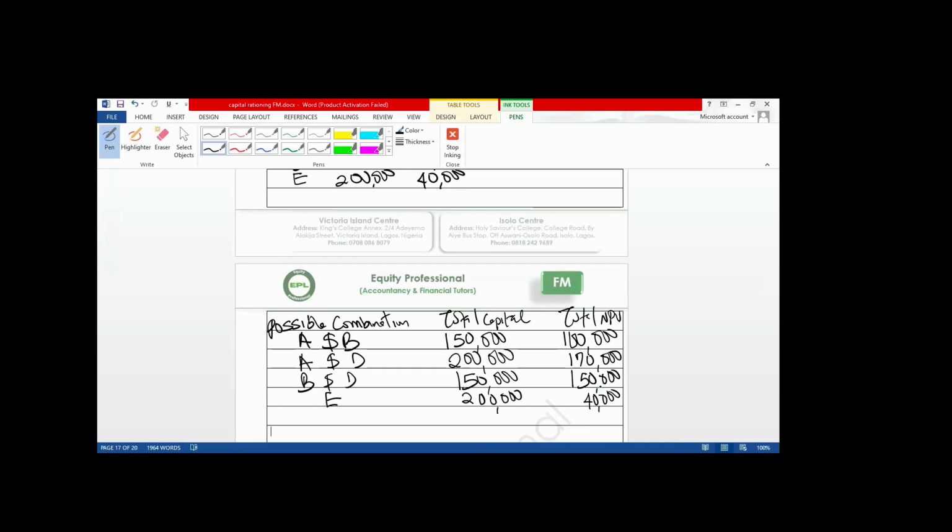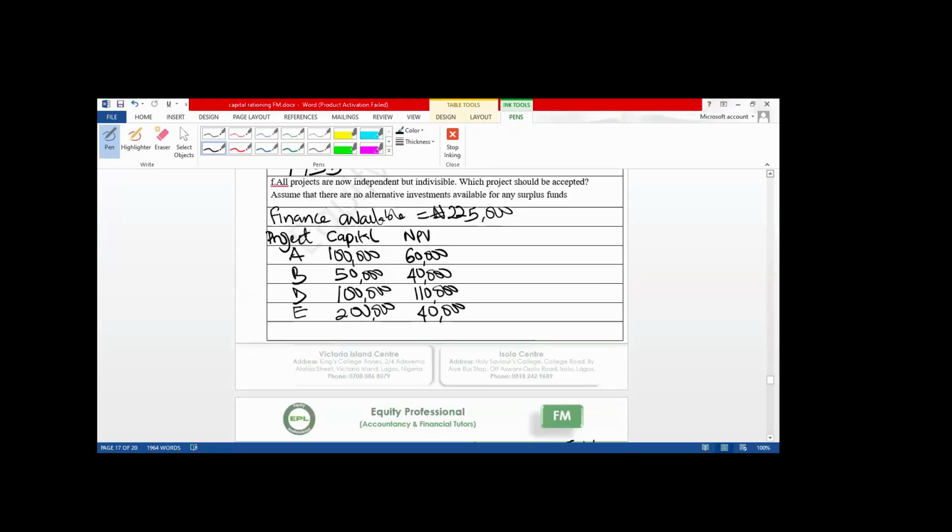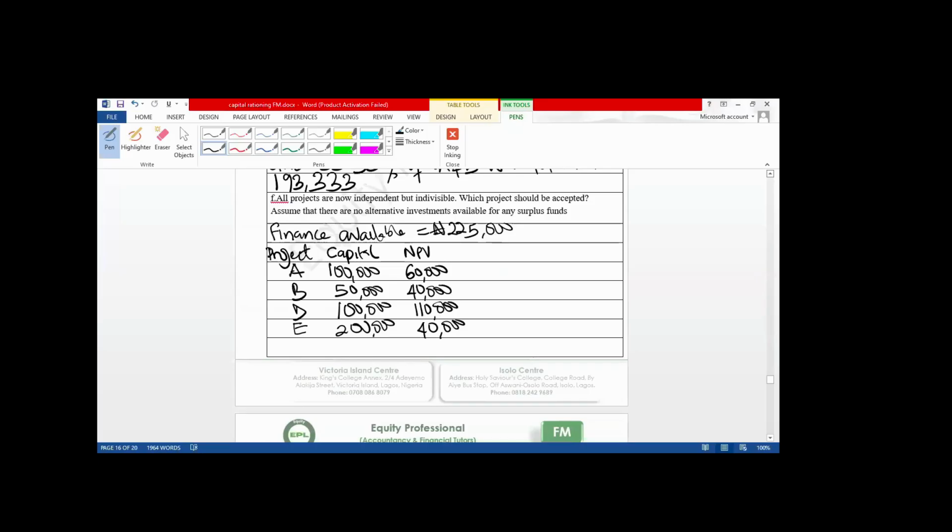Examiner says we cannot invest surplus funds. Assuming there are no alternative investments available for any surplus fund. Your recommendation.